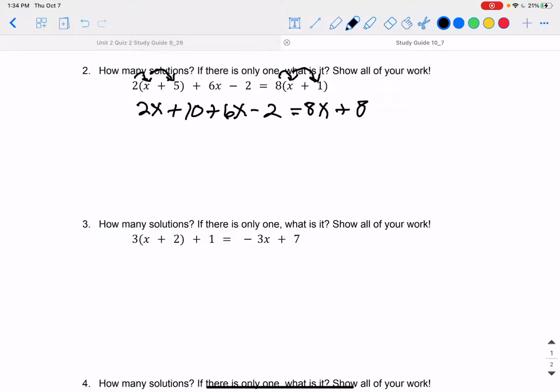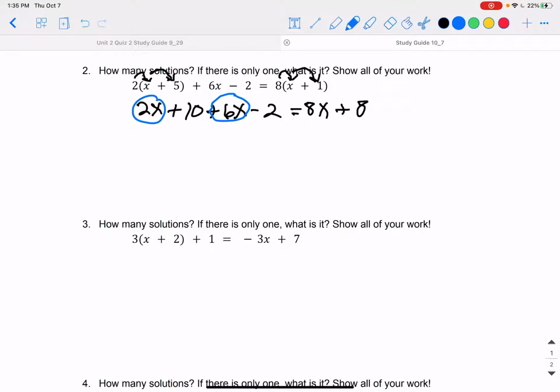Okay, and I'm looking to get x by itself if there is one solution. So I need to combine like terms. I see 2x, positive 6x. I'm not going to circle this 8x because it's on the other side of the equal sign. So make sure that you're not combining terms that are on opposite sides.